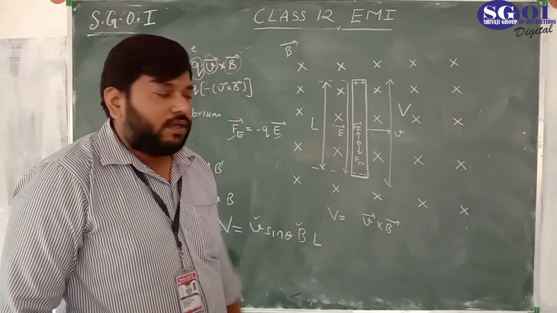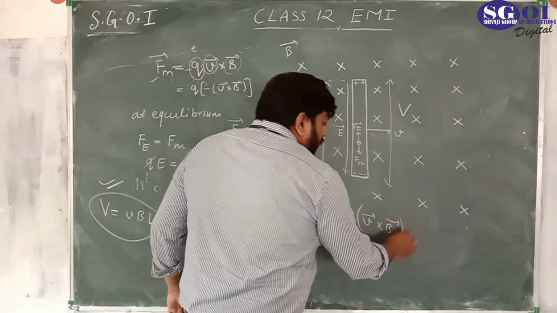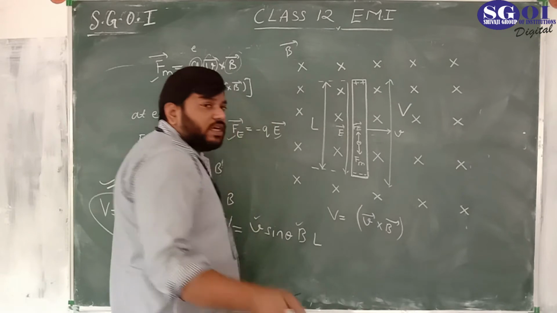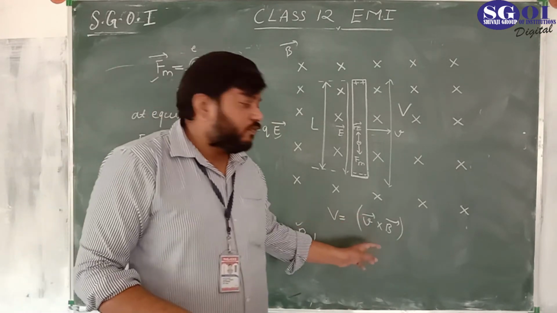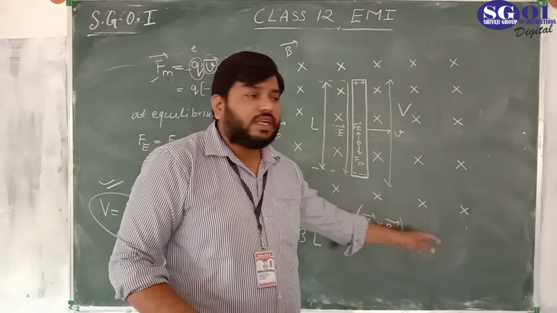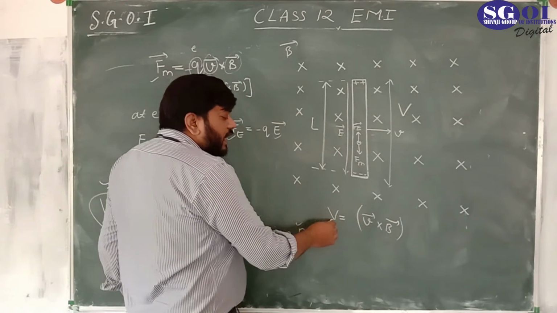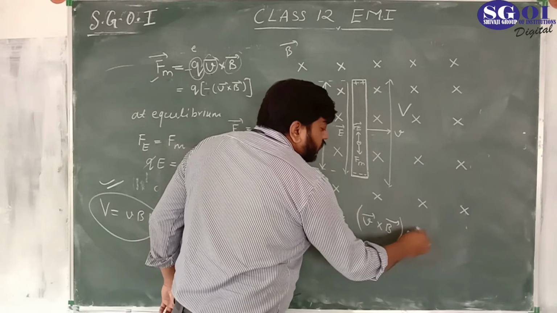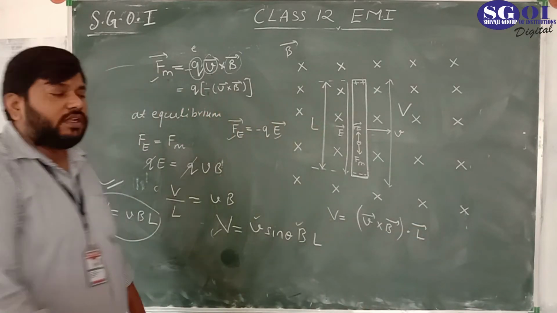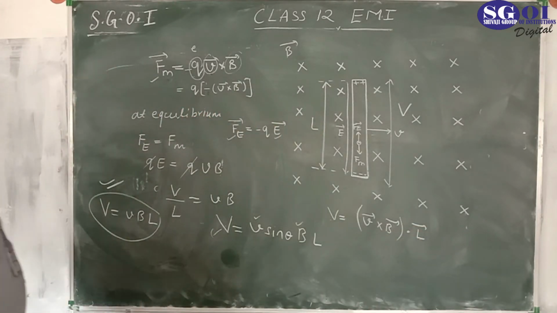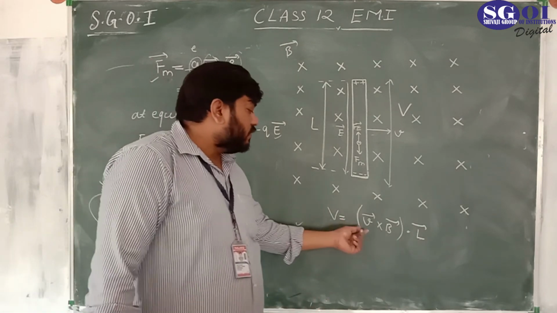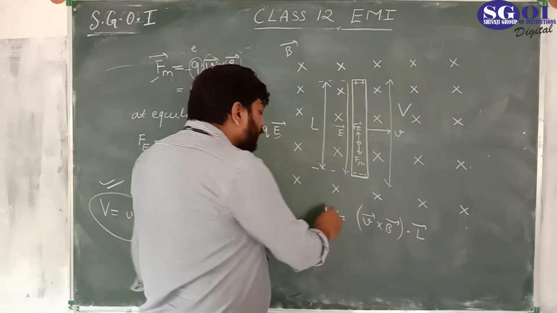Now what about L? The cross product v cross B is a vector, and we know that the dot product of two vectors is a scalar. Because the potential is a scalar, we have to take the dot product, and in place of L we write the vector L. So the final formula in vector form is V = (v cross B) dot L. Very important.